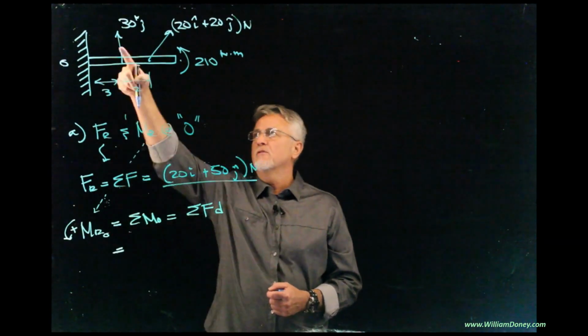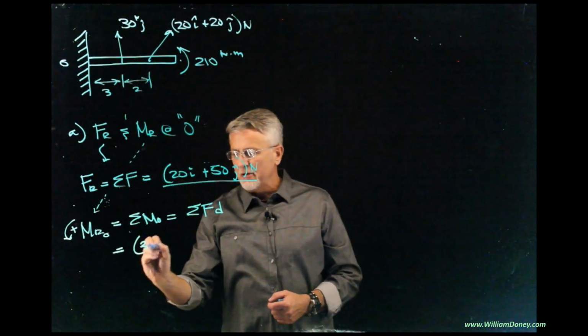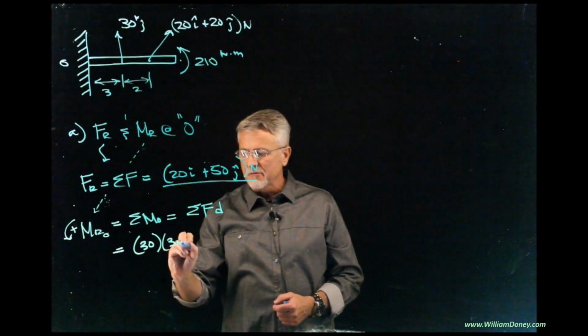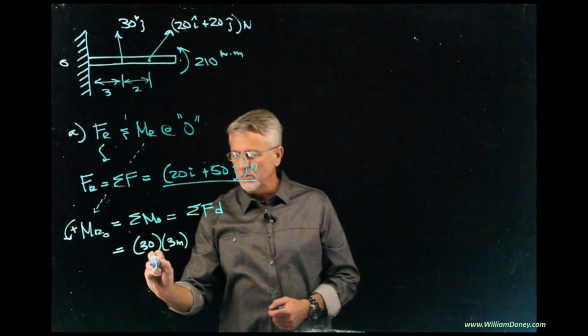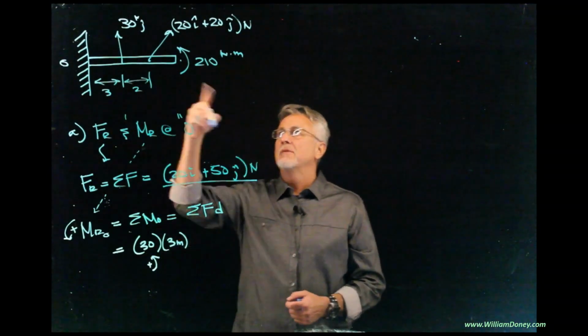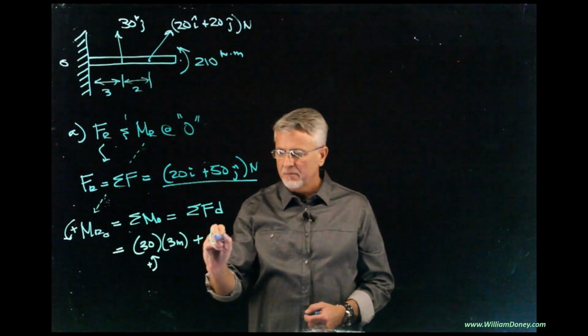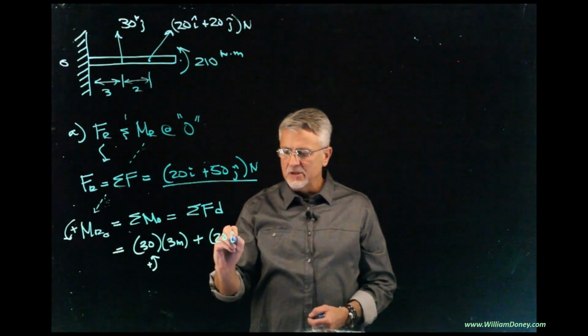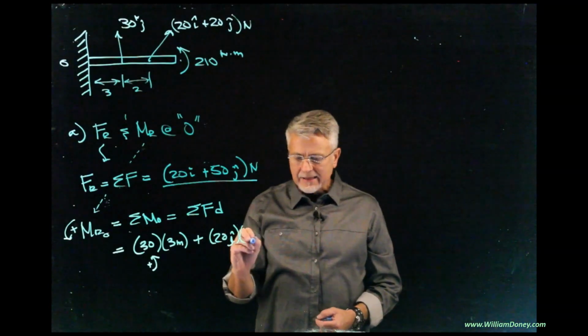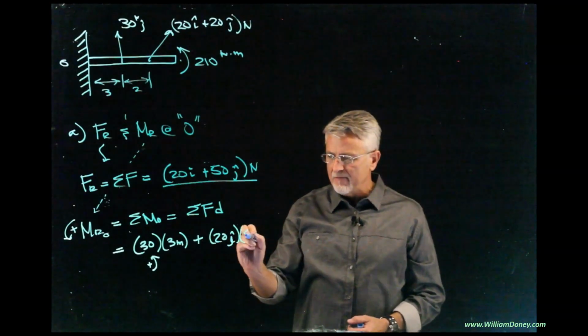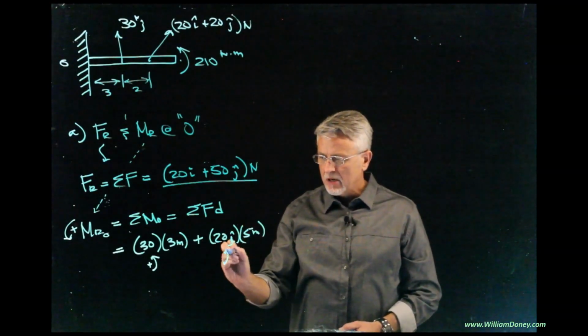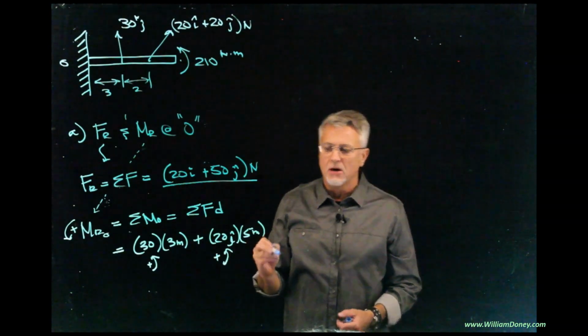So if I just work from left to right there, I'm going to have the 30 up. That's acting at 3 meters. That's this way, so it's positive. I'm going to have the 20, that's the j component, acting at a distance of 5 meters. That's also counterclockwise, so that is also positive.